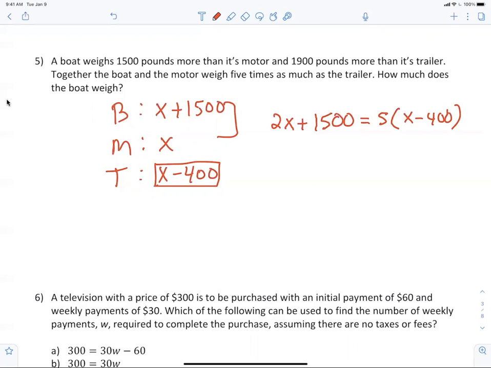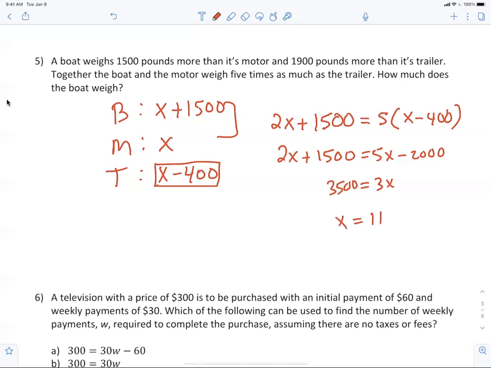So now solving this out, 2x plus 1500 equals 5x minus 2000. So what do I have? 3x equals, is that right? 3500. So x is equal to 1166 and 2/3, right?